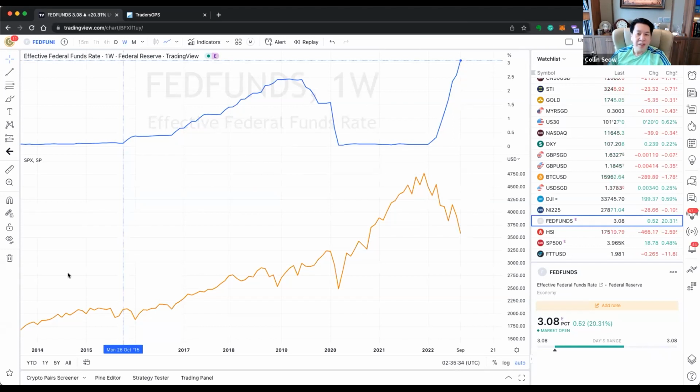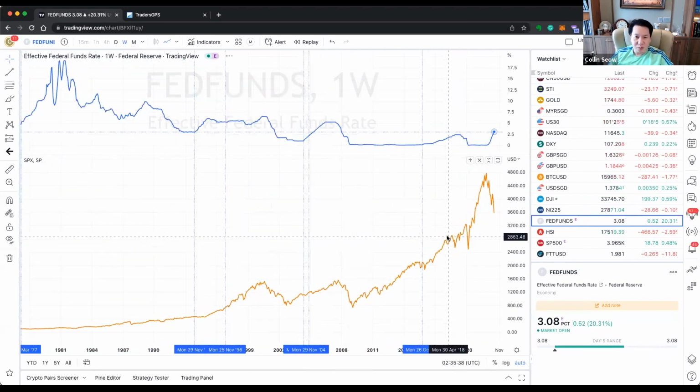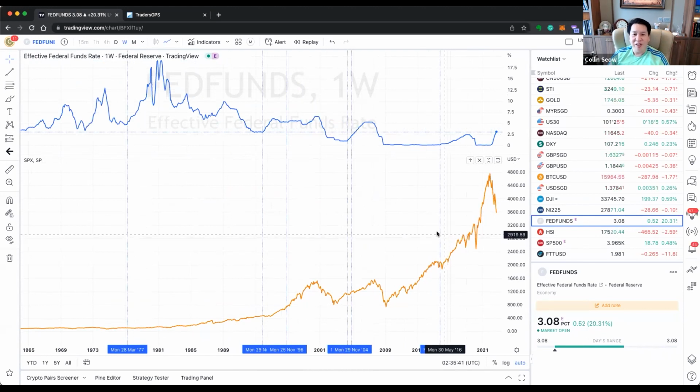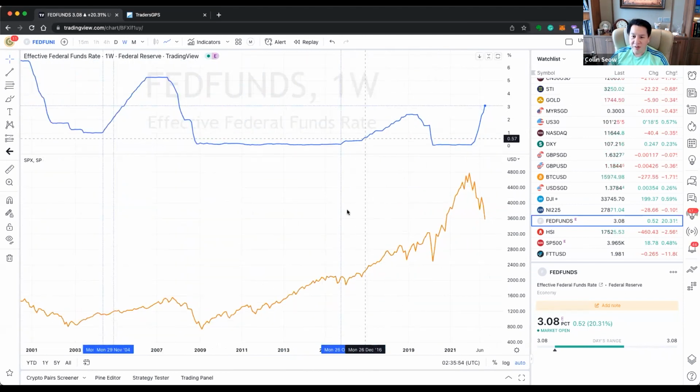This is a repeat, but just to reiterate everything again. In the beginning of the interest rate rise, like for example over here, this is the Fed fund rate, this is the S&P 500. In the beginning of the rise, usually the market goes sideways or down a bit. You can see here, sideways to down a bit. And then eventually, when they continue to increase interest rates, generally the market goes up.